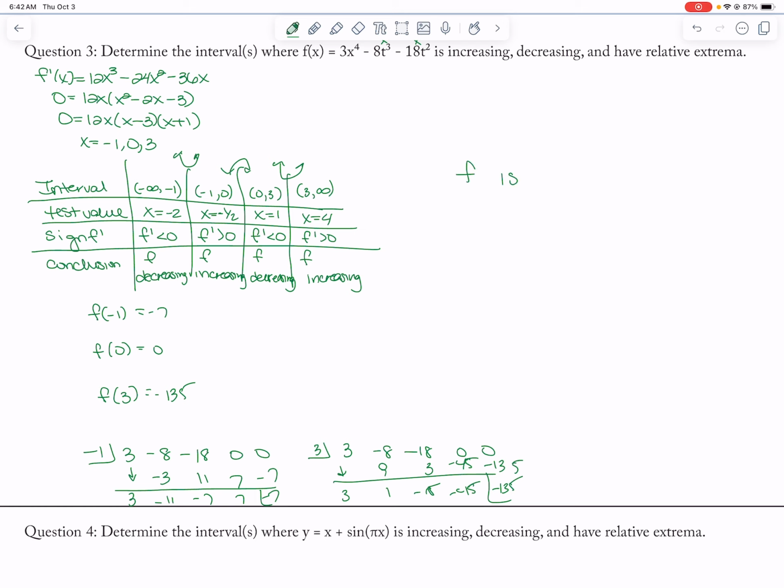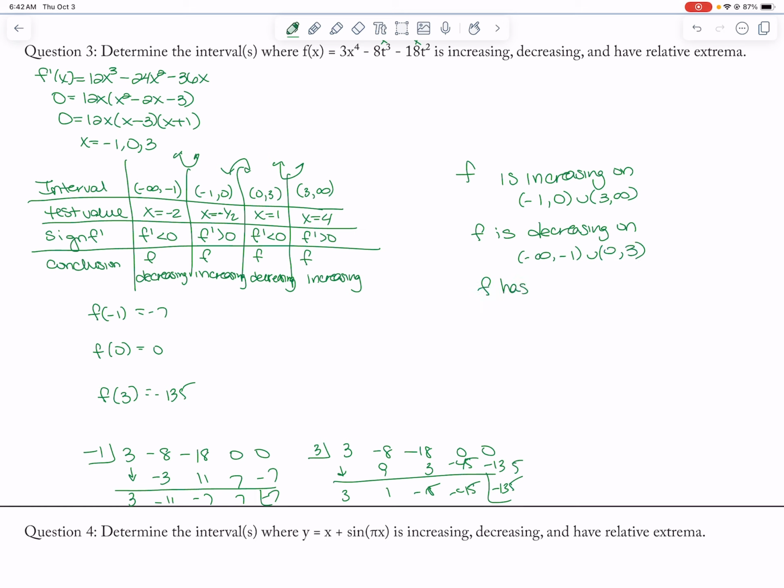So f is increasing on negative 1 to 0, union 3 to infinity. F is decreasing on negative infinity to negative 1, union 0 to 3.